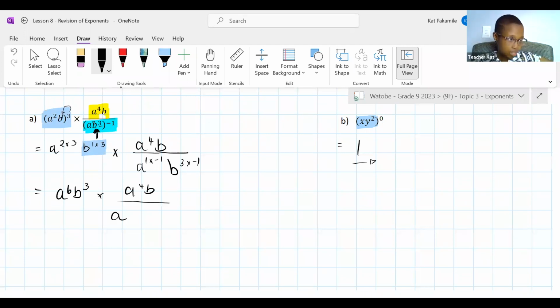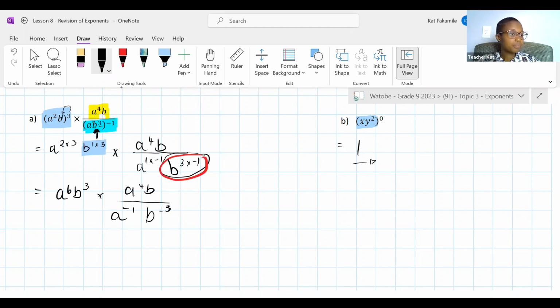Now we are in the denominator. So 1 times -1 is -1, and we have B, and now we have 3 times -1, which is -3.